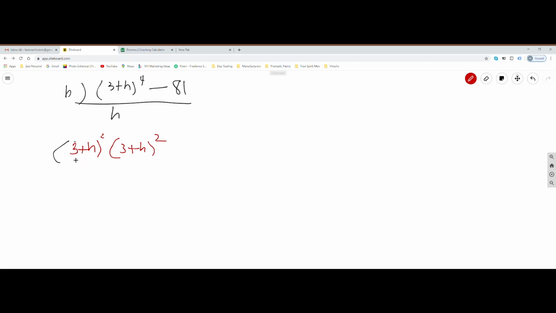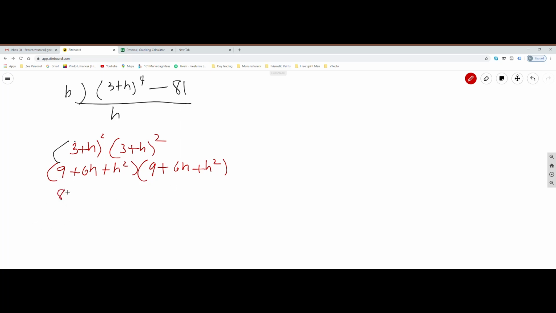So what you do is you do 3 squared, it's 9, plus 2 times 3 times h, so it's 6h plus h squared. And since they're exactly the same, it would also be the same. So now you can multiply it out.